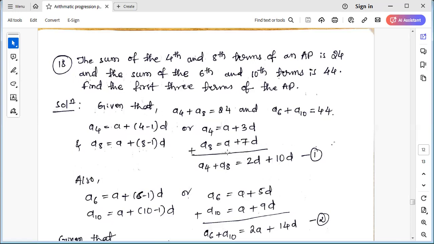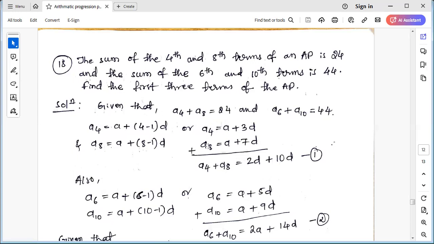Nothing is cancelled here. We can cancel actually, but what happens if you cancel? No use. So I am just adding these two equations.